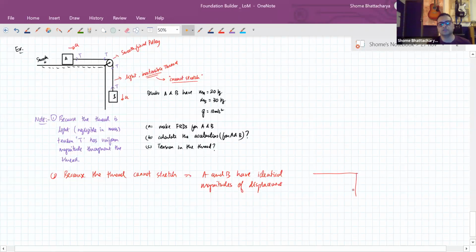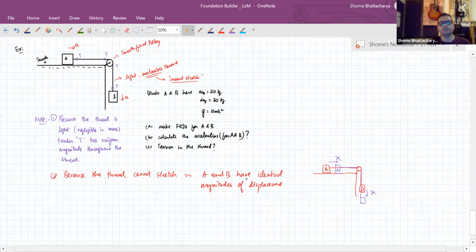So it's like this, that after some time, now if the block B shifts down here by X, then this has to shift by X. Why? Because the total thread length has to remain constant.